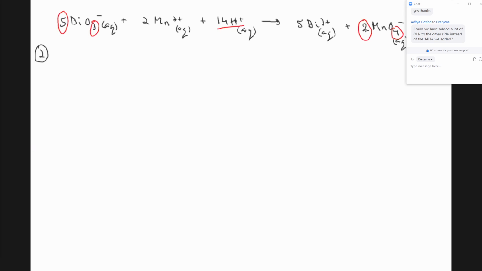So we have sulfur dioxide, aqueous, plus dichromate, aqueous, becomes sulfate, 2 minus, aqueous, plus chromium 3 plus, aqueous. And we're all in acidic conditions.